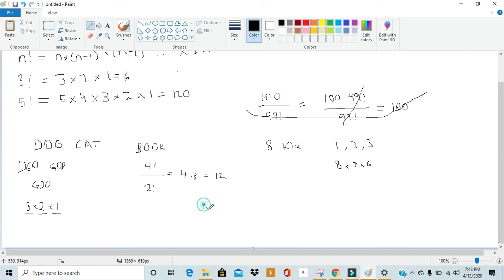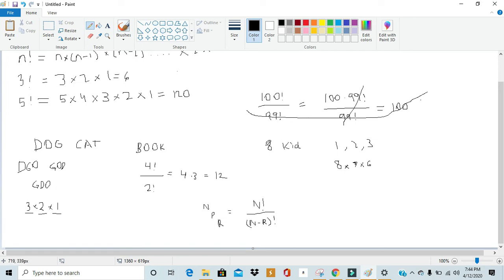The formula looks like this, nPr. And this basically means n factorial over n minus r factorial, where n is the total number of objects there are, and r is basically the number of objects you pick. So what does this mean in terms of kids?